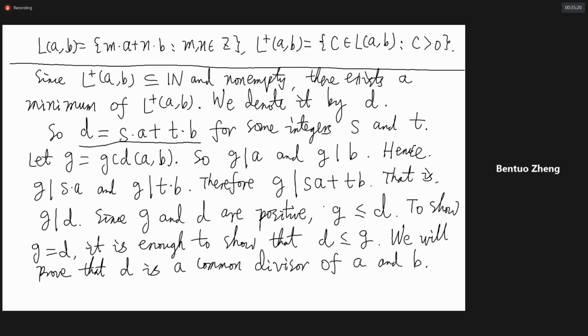If D is a divisor of A, then the remainder of A divided by D would be 0. So we just want to show the remainder when you divide A by D is 0. Similarly, you can show that the remainder of B divided by D is also 0.